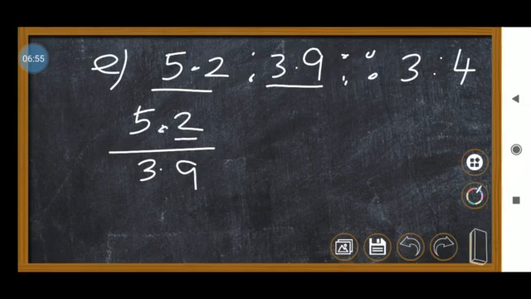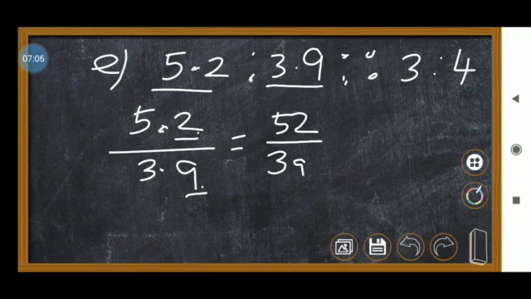Decimal point after only one digit, here also one digit, so we can take the whole numbers. So 52 divided by 39, because we multiply by 10 here and 10 here. And here the 13 table, 3 13s are 39, and see how many 13s make 52.